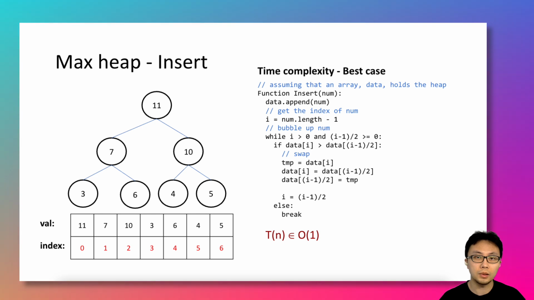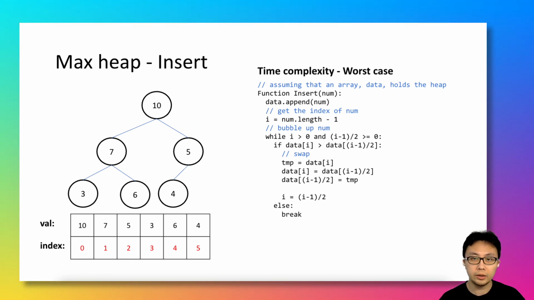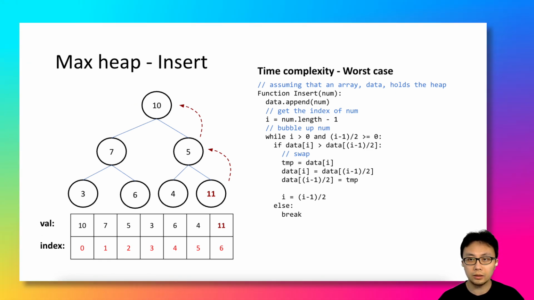What about the worst case? The worst case happens when you add a new element that's bigger than the root. For example, if we add 11 to the heap sitting on the left side, 11 will need to be iteratively bubbled up until it is swapped to the root level. In other words, it needs to be bubbled up for as many times as the height of the heap. What's the relationship between the number of nodes and the height of a heap?